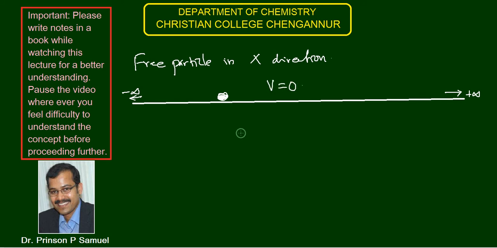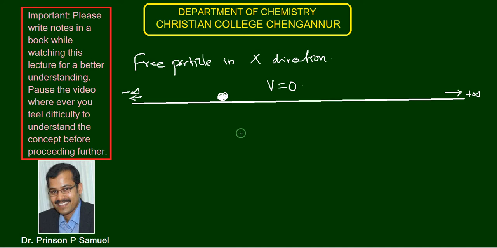So this particle is not under the influence of any external force, and it will keep on moving in the x direction, either in the positive or negative x direction. How much can it move? There is no limit. It can move from minus infinity to plus infinity. That is the free particle in one dimension, the free particle in the x direction.